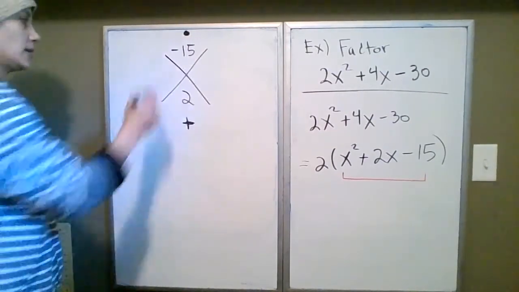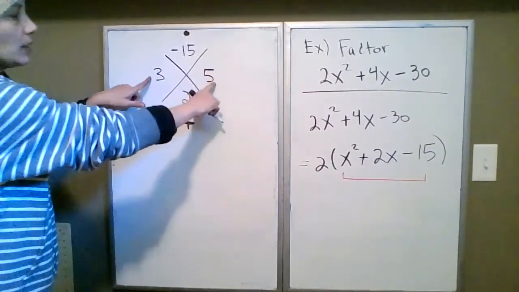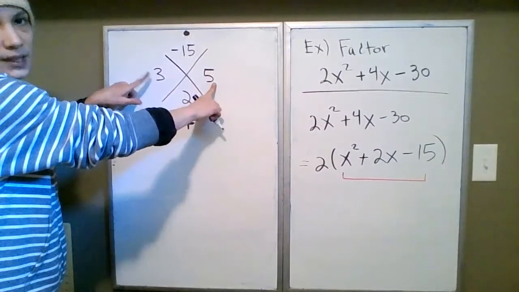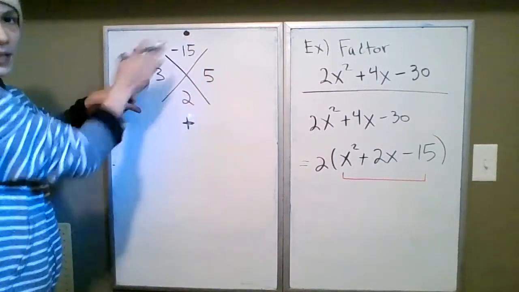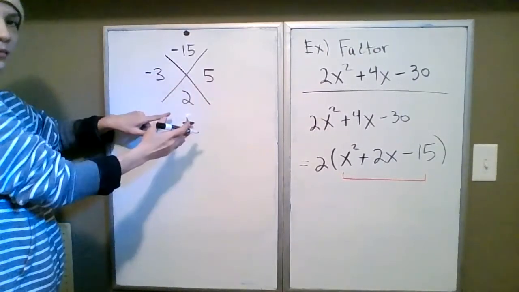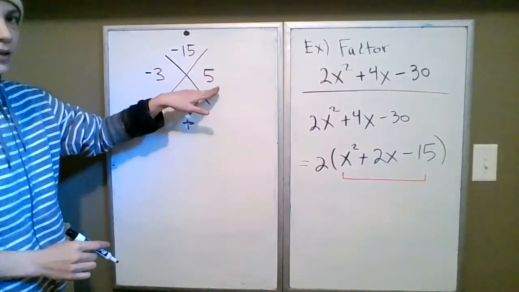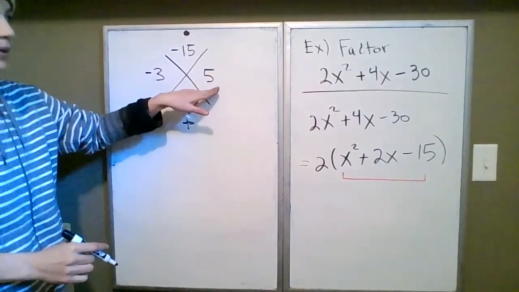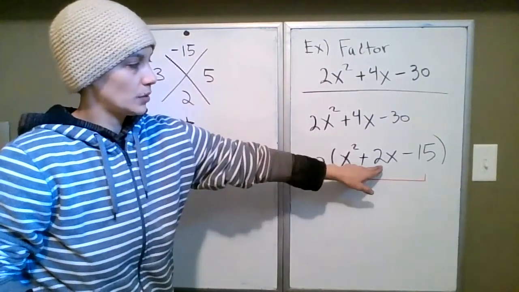Let's put down 3 next to 5. Then we need a negative sign somewhere. Negative 3 times positive 5 would be negative 15. Oh, cool. Negative 3 plus 5 is positive 2. So I got the right guess. Negative 3 and 5 are the numbers I'm going to use to rewrite this middle term, 2x.